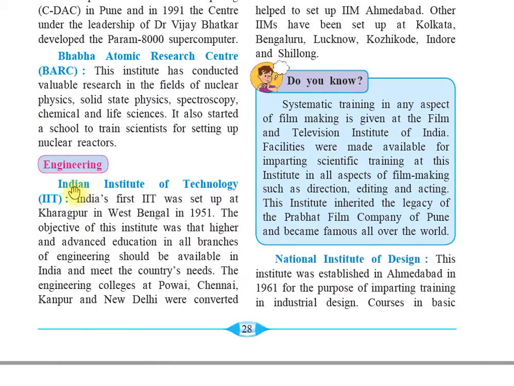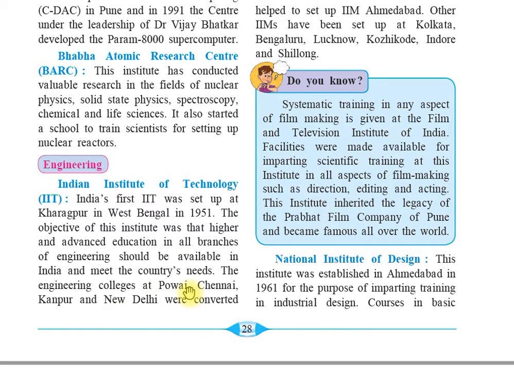Now, engineering. Indian Institute of Technology, that is IIT. India's first IIT was set up in Kharagpur in West Bengal in 1951. The objective of this institute was that higher and advanced education in all branches of engineering should be available in India and meet the country's needs.